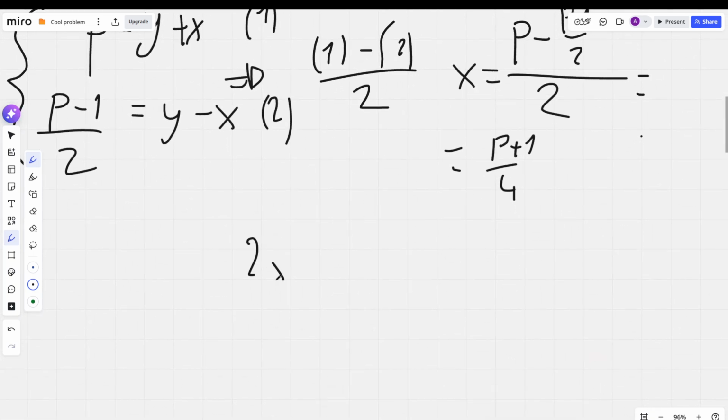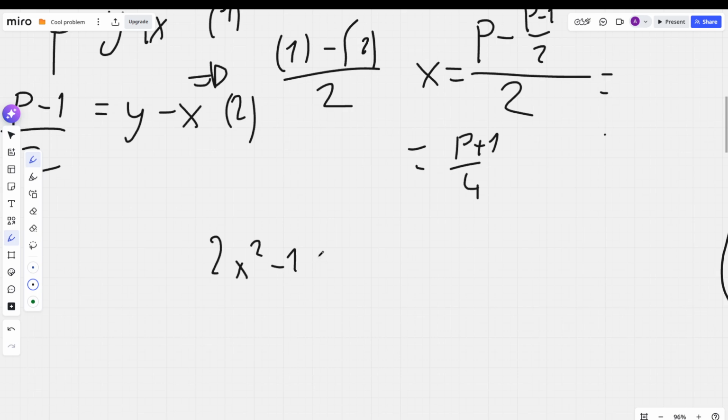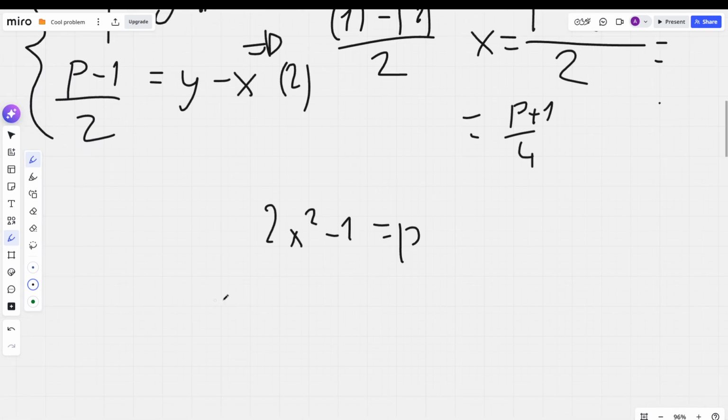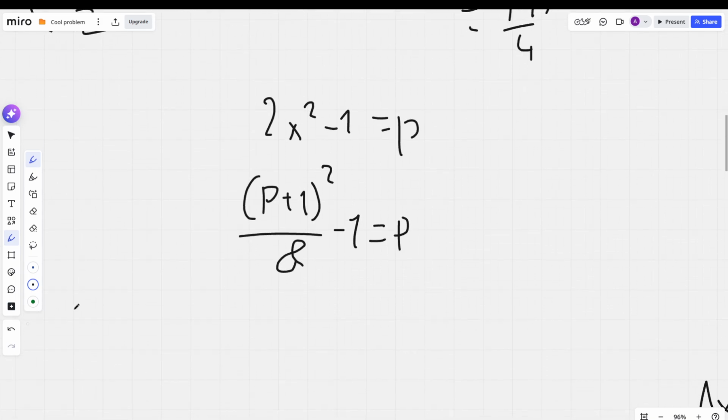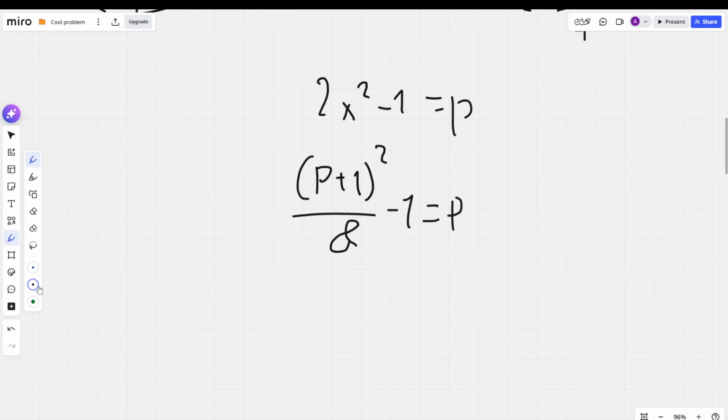Hence 2x squared minus 1 is equal to p becomes (p plus 1) squared over 8 minus 1 is equal to p.